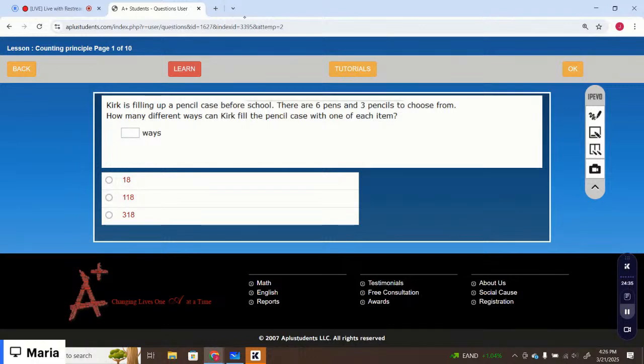That is 18. Option number one is the correct option. You have to do 3 times 6. That makes 18. Option number one is the correct option.